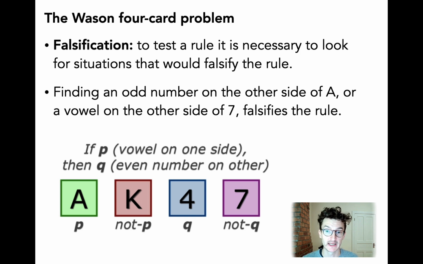We're very poor at using the rules of logic, in this case, to falsify a rule. So again, the only way to falsify this rule is by flipping over the A or the 7. Finding an odd number on the other side of the A falsifies the rule. Finding a vowel on the other side of the 7 falsifies the rule. What do people do?